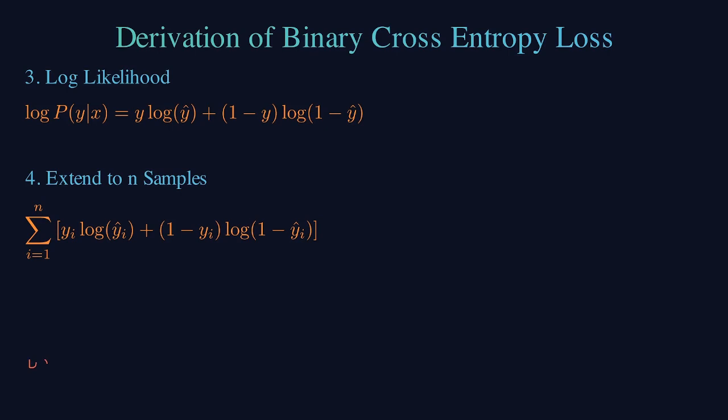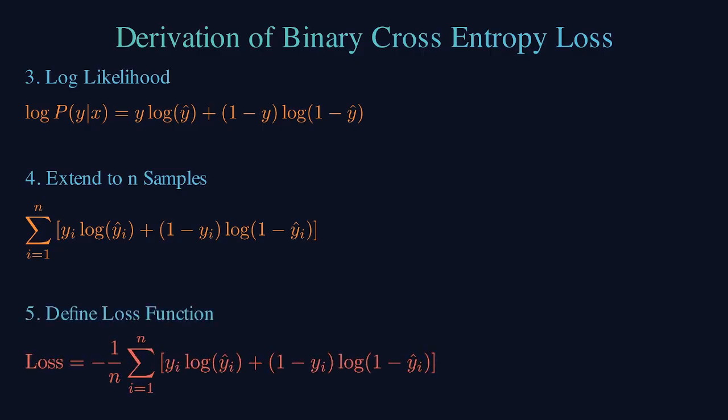This is for a single data point. But when we apply it to all the samples, let's say we have n samples, it becomes the summation from i equal to 1 to n of the same formula that we saw in the last slide: yi log of y predicted i plus 1 minus yi log of 1 minus y predicted i.